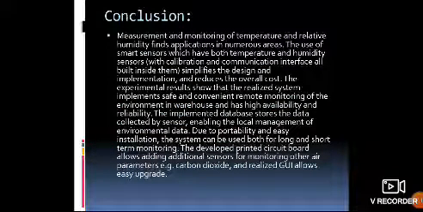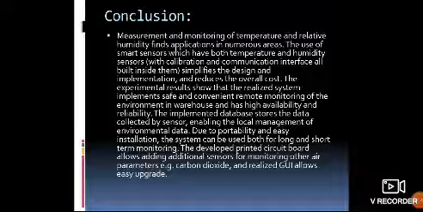The conclusion for Zigbee here is that measurement and monitoring of temperature and relative humidity finds application in numerous areas, using smart sensors which have both temperature and humidity sensors. The experimental results show that the realized system implements safe and convenient remote monitoring of the environment in a warehouse, with high availability and reliability.